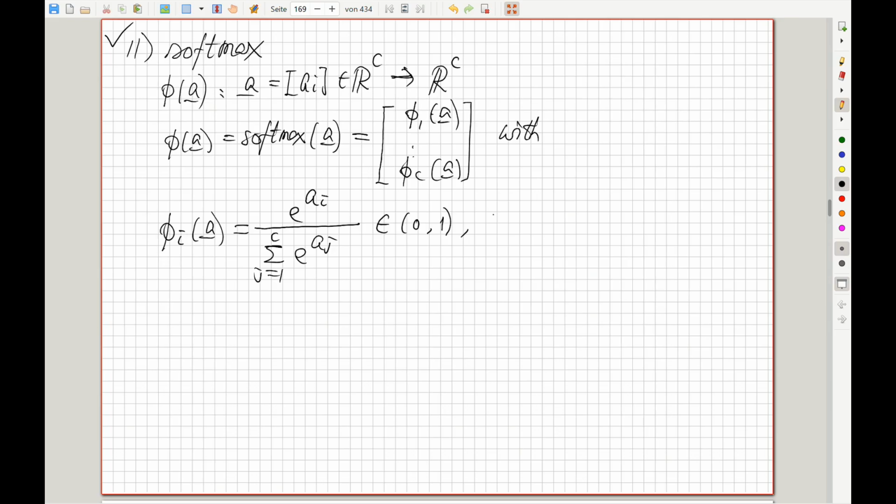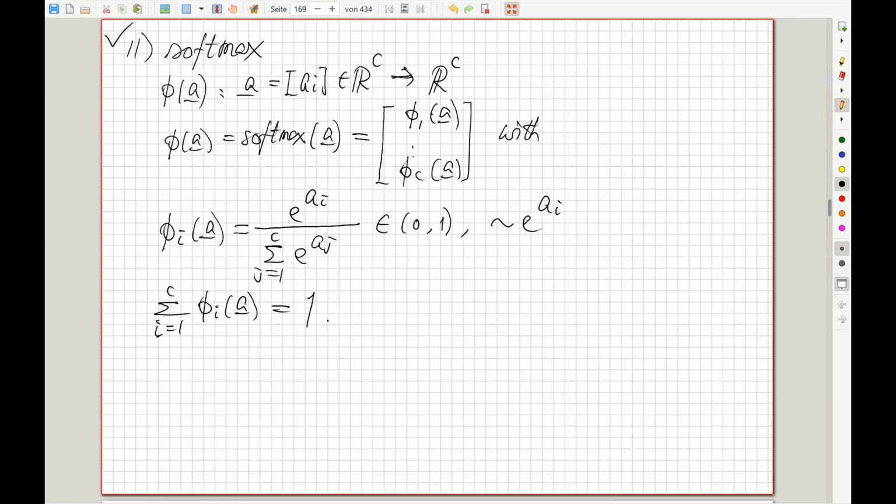So the output is actually proportional to the numerator, the exponential function of Ai. And due to this very special normalization, we very easily have the following normalization condition, namely the sum of all the outputs of the softmax activation function from 1 to C is always equal to 1.